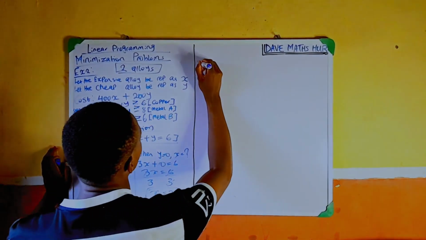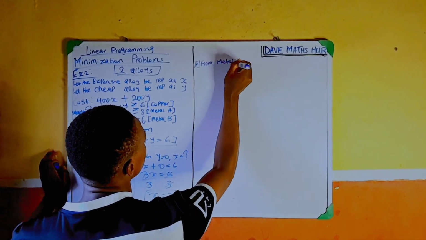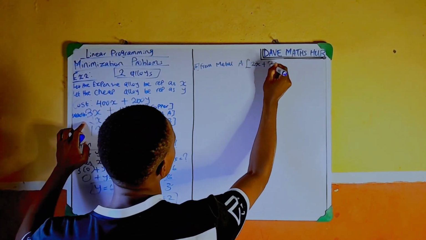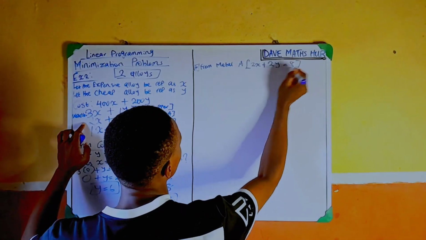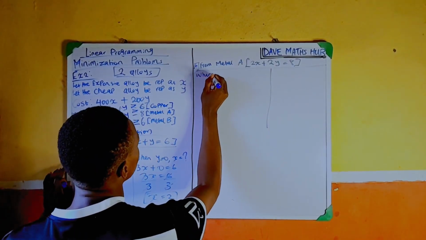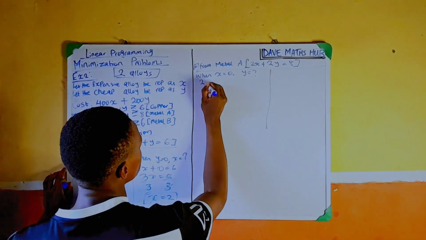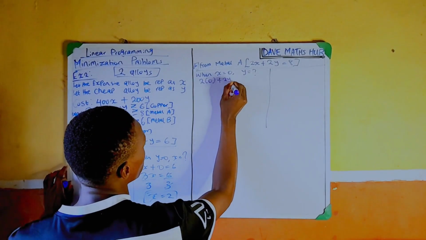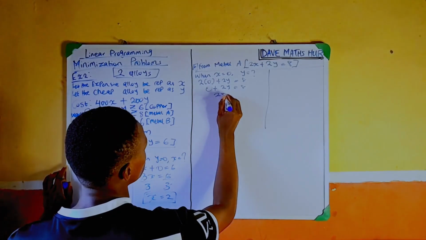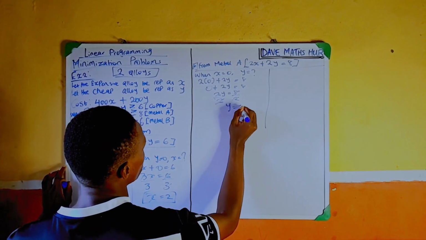Now do the same thing for metal A, which we are given as 2x plus 2y equals 8. When x is equal to 0, y is equal to what? So that's 2 times 0 plus 2y equals 8. 0 plus 2y equals 8. 2y is equal to 8 over 2 over 2. y is equal to 4.